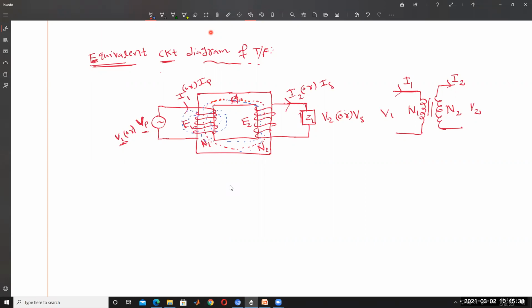So this flux is called leakage flux. On the primary side, it is called the primary side leakage flux. Am I right? Is this clear?